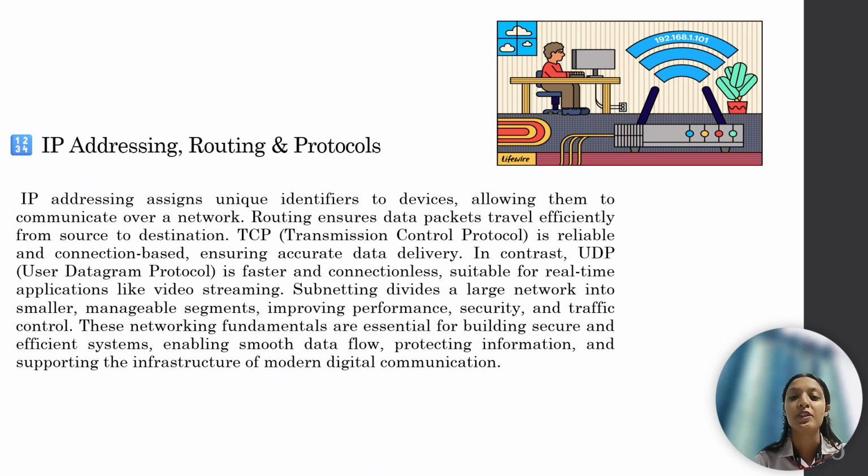In contrast, UDP, the User Datagram Protocol, is faster and connectionless, which is an advantage. It is suitable for real-time applications like video streaming. Subnetting divides a large network into smaller, manageable segments.